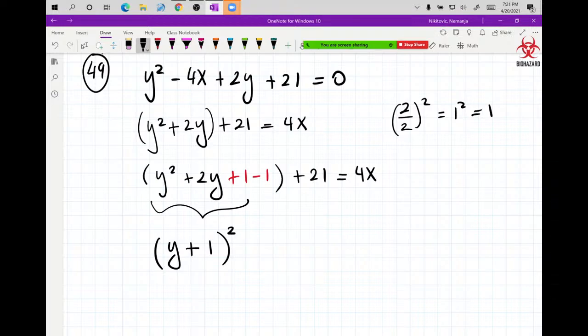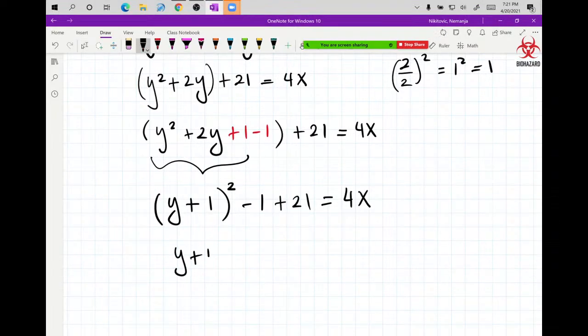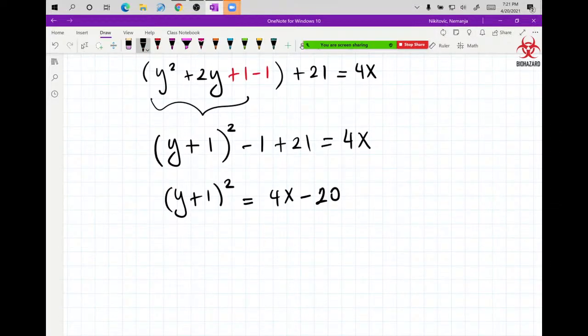And then you have that minus 1, but this time it multiplies by 1, so it stays negative 1. And you still have plus 21 equals 4x. So you got your y plus 1 squared equals 4x minus 20. Now you can factor 4 on that side and get x minus 5.